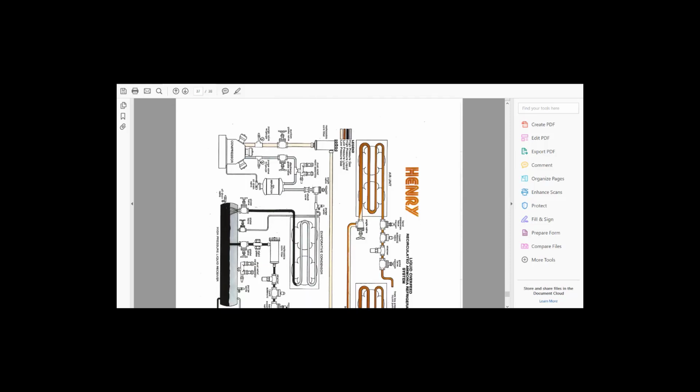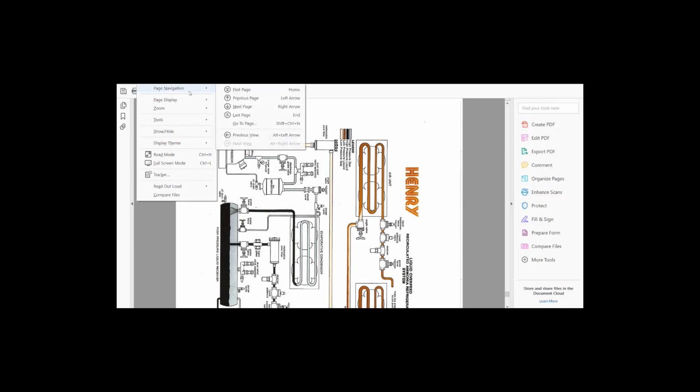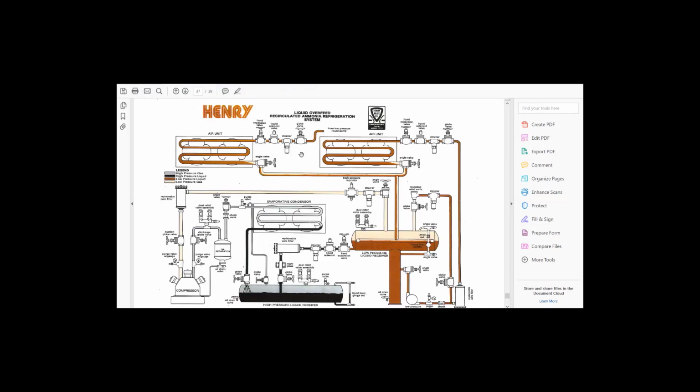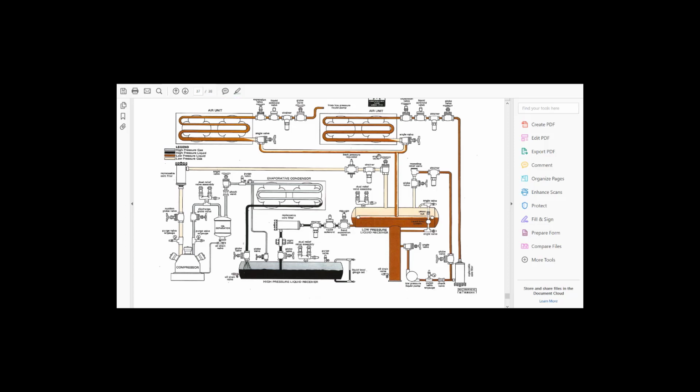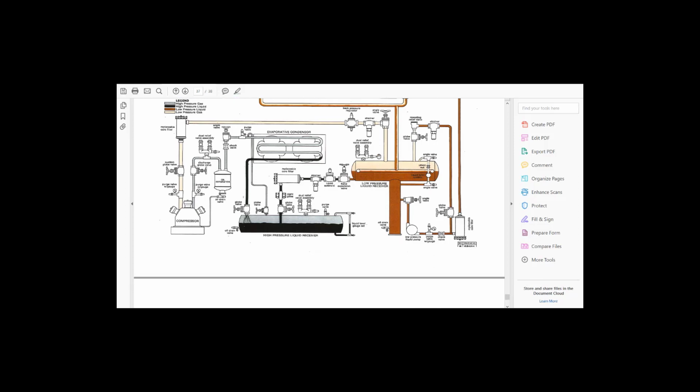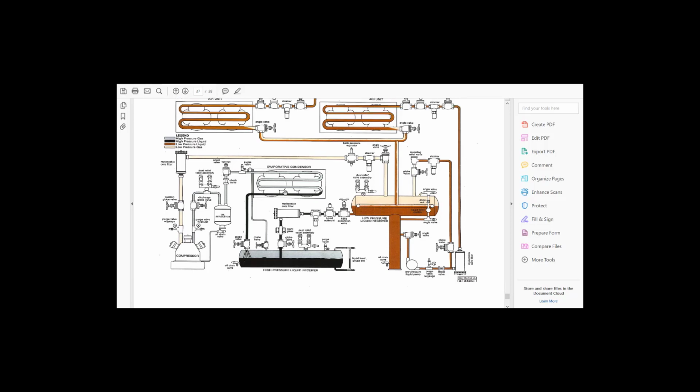So here's a good example of a double line piping diagram, and it will tell me the purpose of every valve. What do the valves do? What does the air unit do? And again, it assists with troubleshooting and assembly procedures.